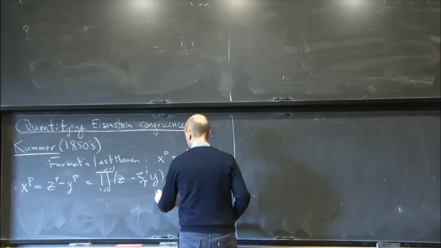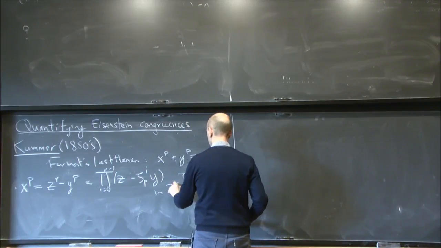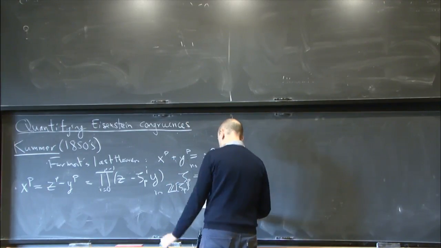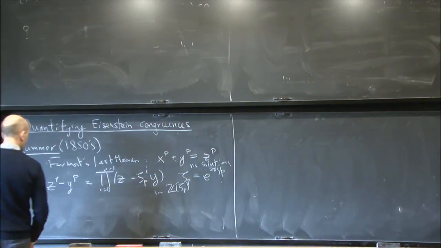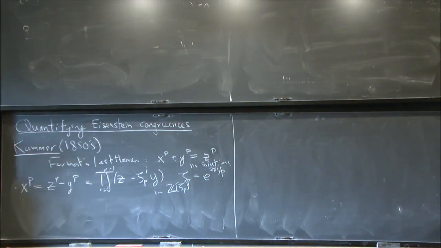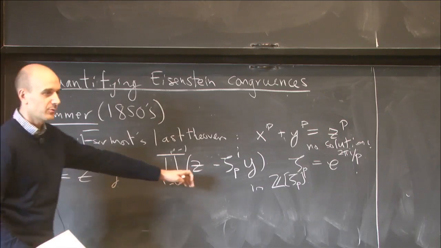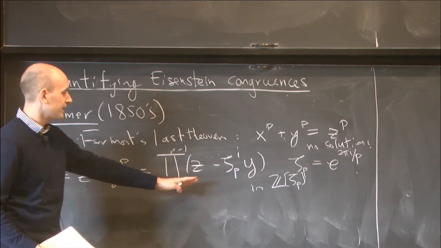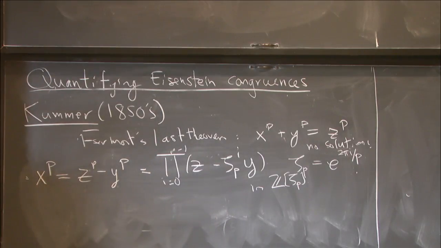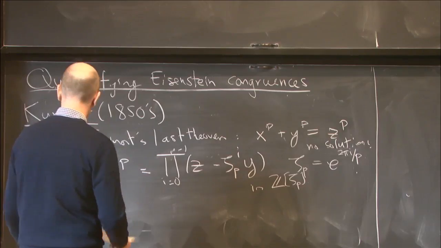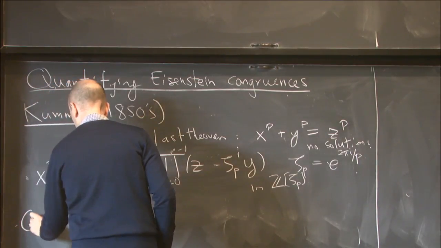So this is in the ring Z[zeta_p]. So what you realize quickly is that since this side is a p-th power, and this is a product of things that don't look like p-th powers, you could try to derive a contradiction from this.